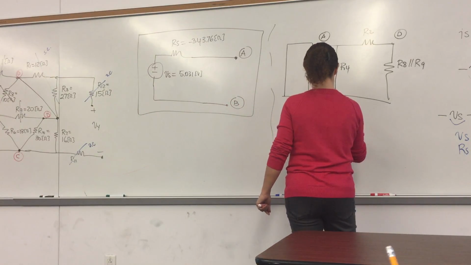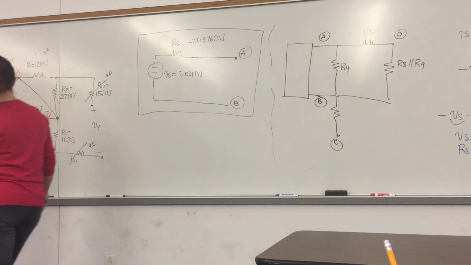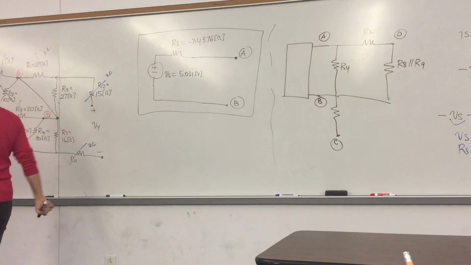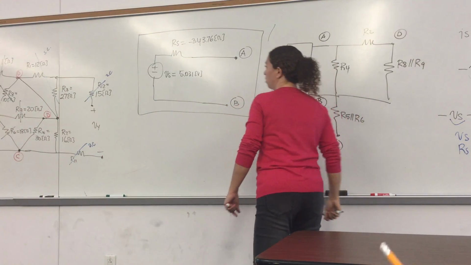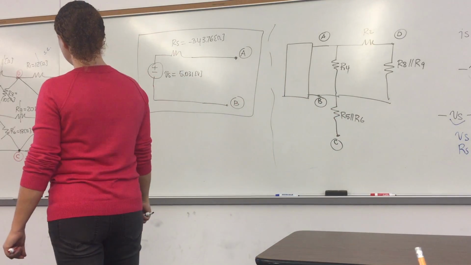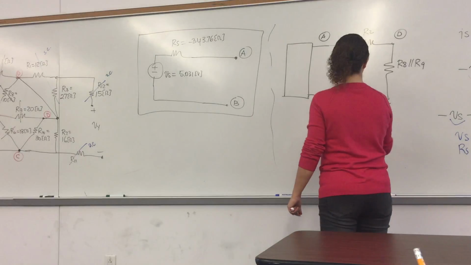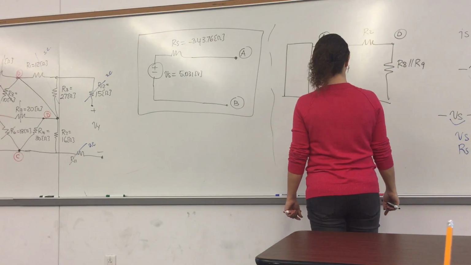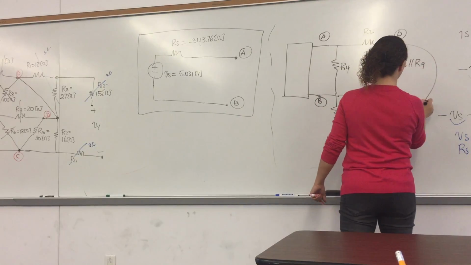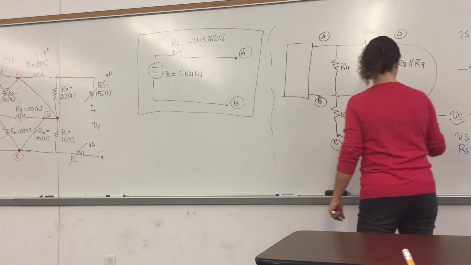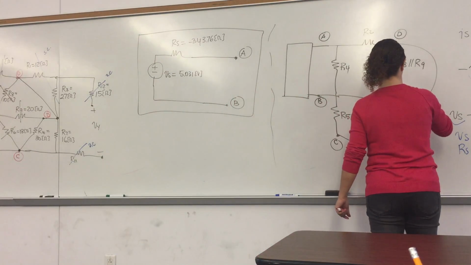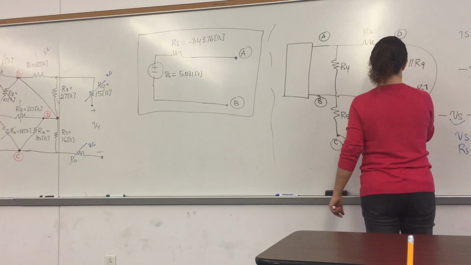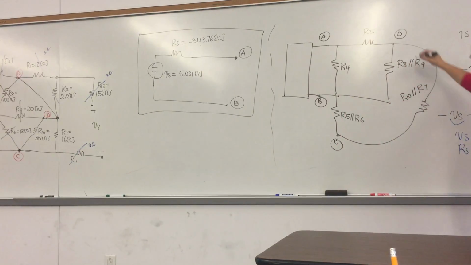B to C, B to C, parallel. What is that? C to D, so D is here. Didn't do a good job, did we? So C to D, R10, R7. Okay? Good?